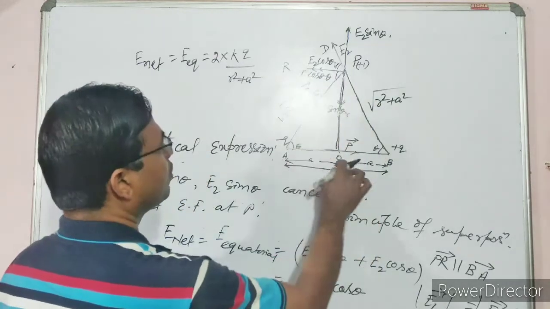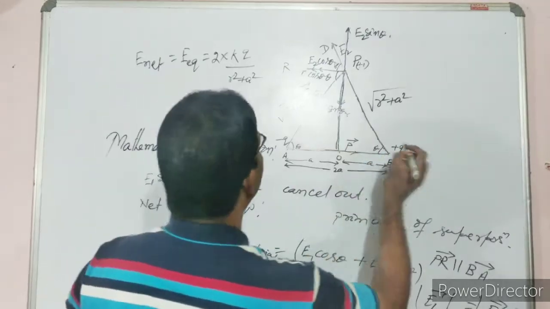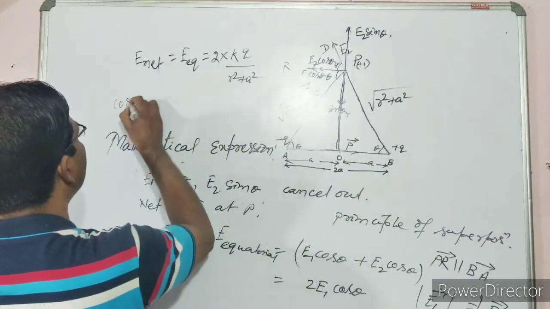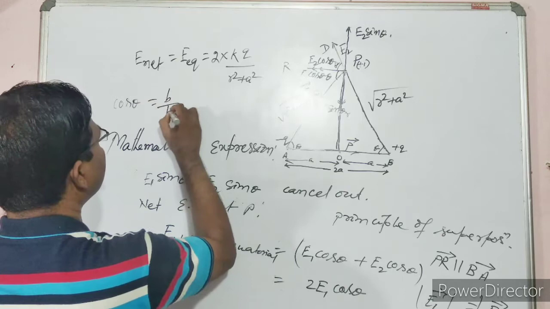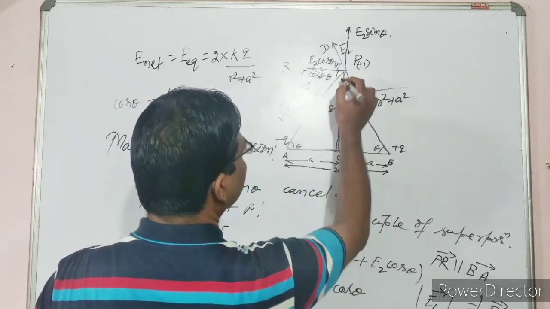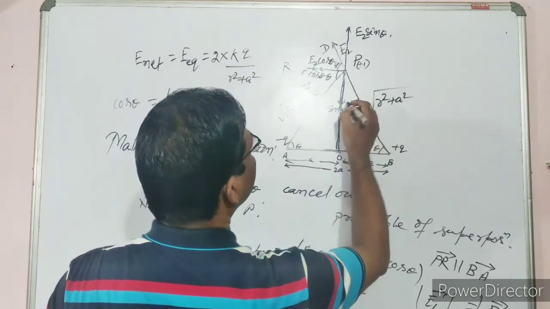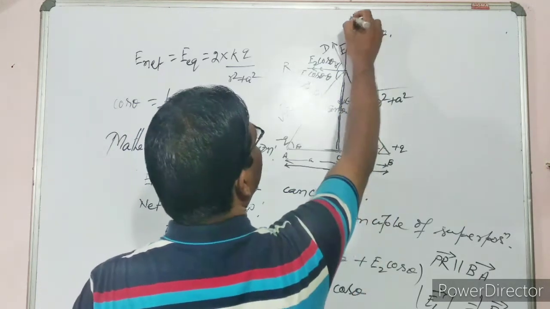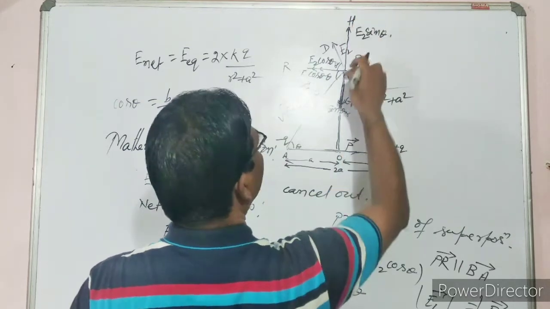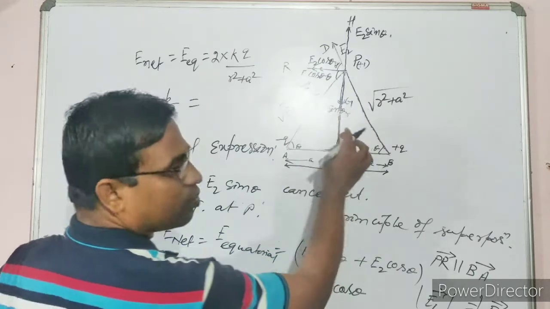So in triangle PAO, what are you getting? A right-angled triangle. Cos theta is equal to B by H. So it is B, it is P, this is A. You can also give names. Suppose you give G and H. That means PH and PG are both equal and opposite. It will be better for your understanding.